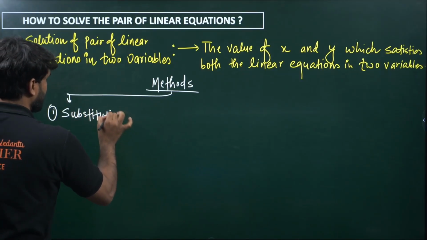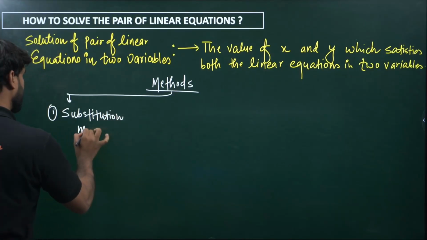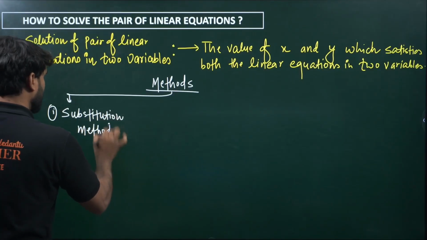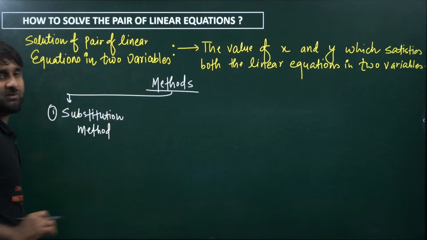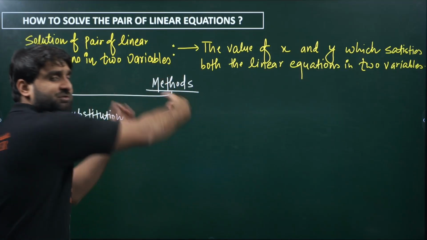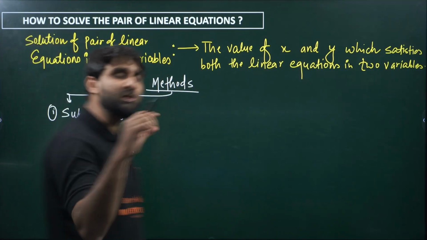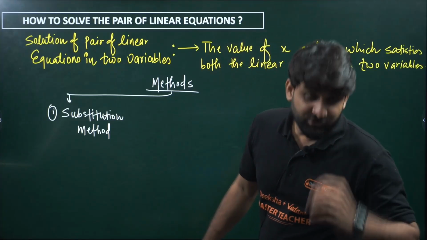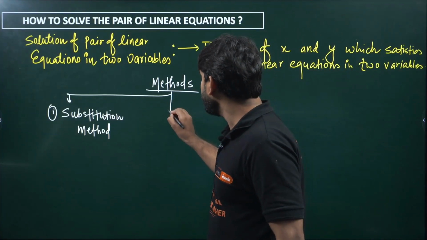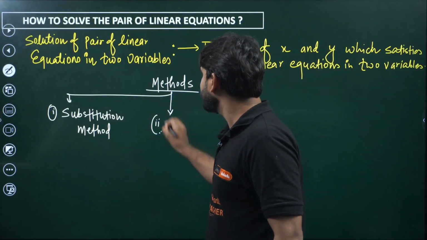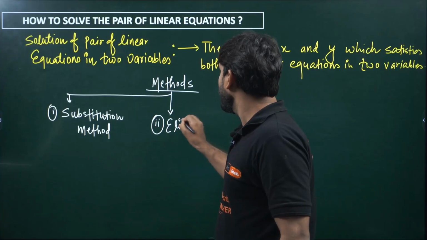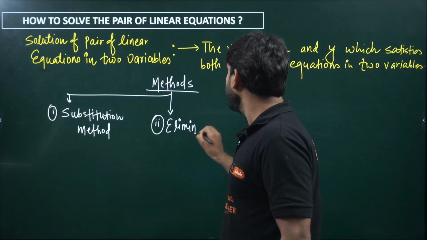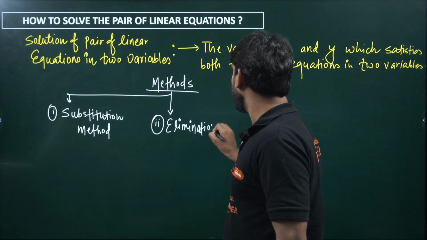The first method is called the substitution method, in which we substitute one equation into the other, the second equation into the first, or the first into the second, to make a single variable.